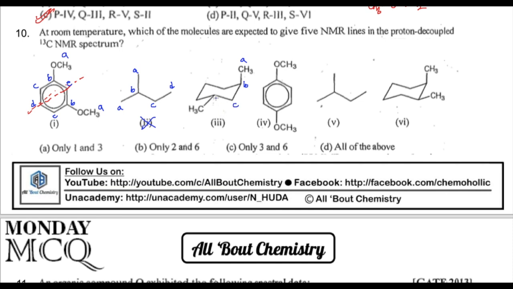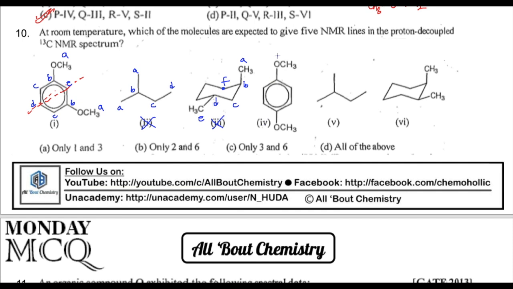This is going to be different. This is D and this is E. The other ones will obviously be different, because this is C, which is in between these two groups. This particular carbon is not in between two carbons which contain methyl groups. So the chemical environment over here is different, so this is going to be the F type. So obviously you got more than 5 types, so you can just cancel it out. You don't have to look at it further. Okay, talking about option number 4.